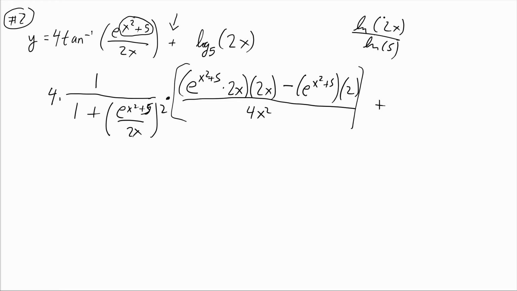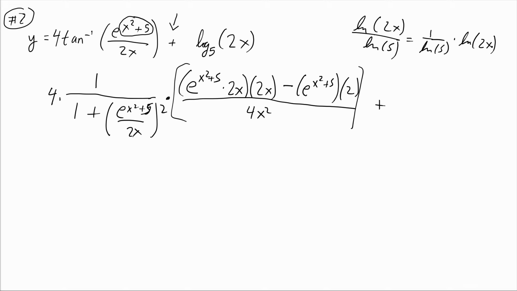This is a nice form to think of it in. You can always translate something like this to this form, and that's nice because the natural log of 5 is a constant. You can think of 1 over the natural log of 5 as a constant times the function natural log of 2x.